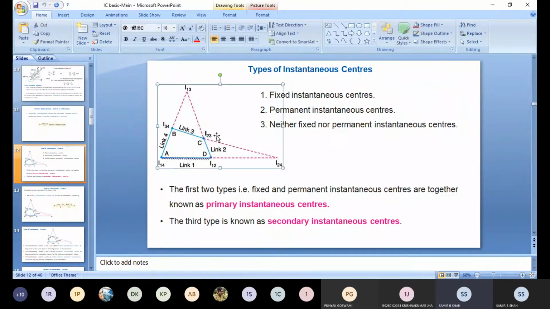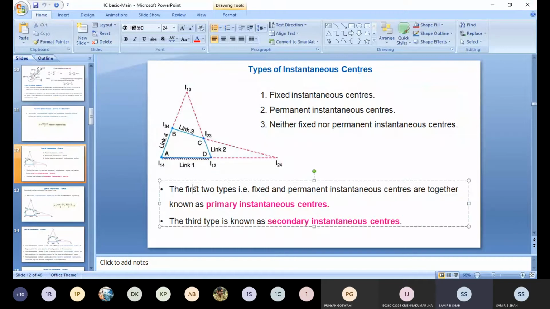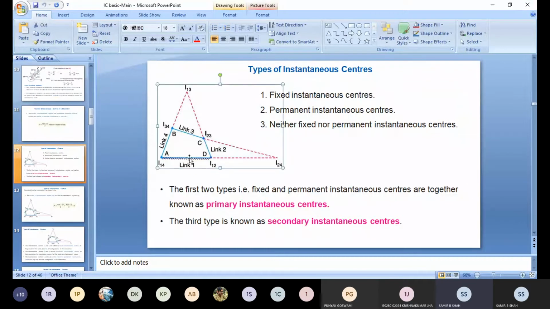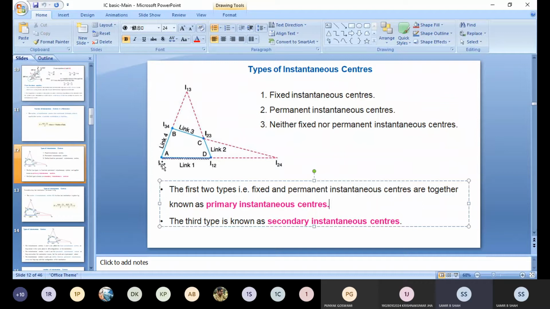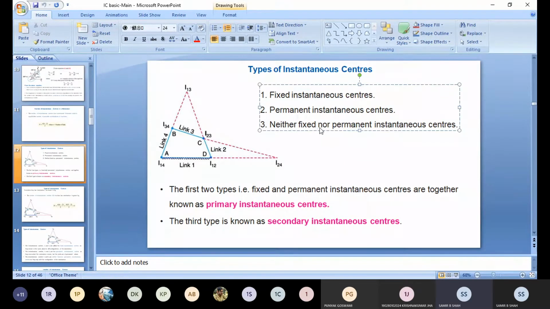The first 2 types, fixed and permanent centers, are together known as primary instantaneous centers. They may be divided into 2 parts, primary and secondary instantaneous centers. Fixed and permanent are both considered primary, and the secondary is the neither fixed nor permanent. Okay.